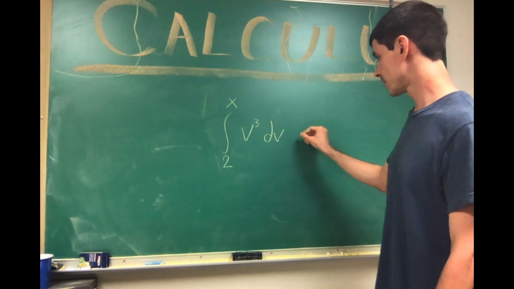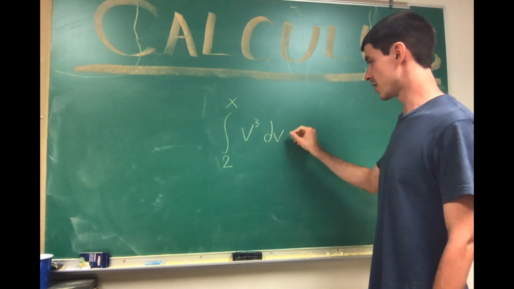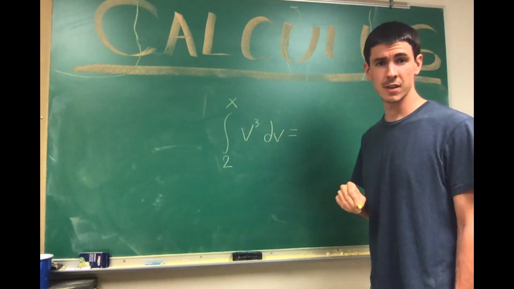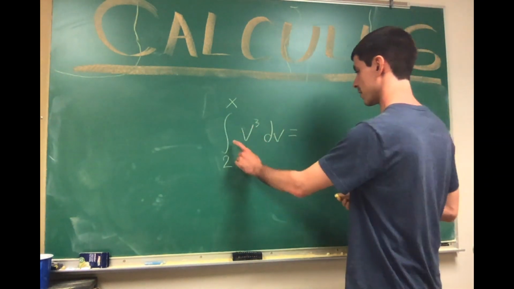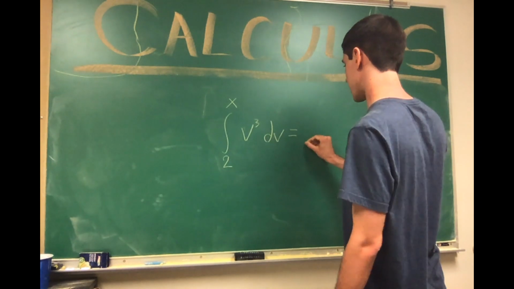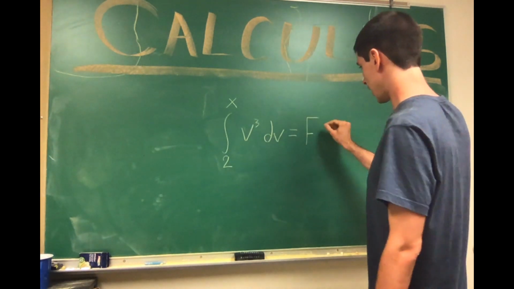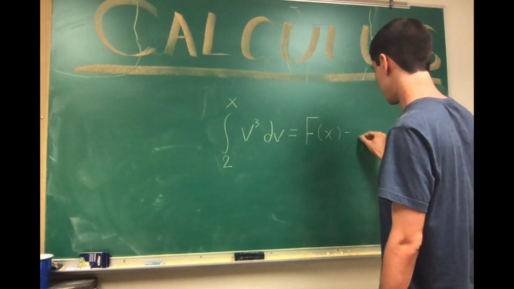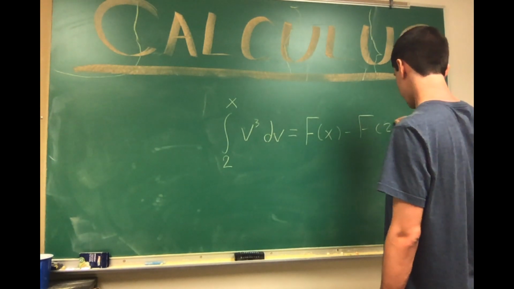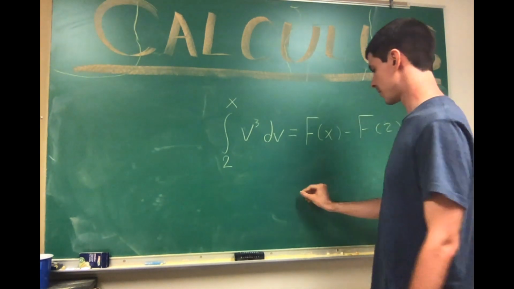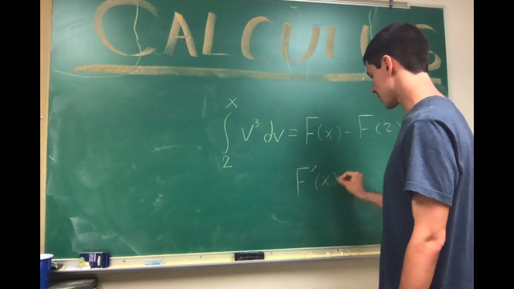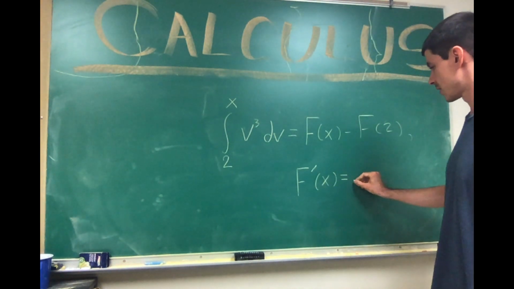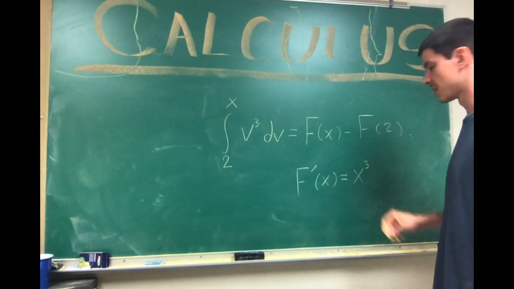We need something which has derivative x cubed, because we're going to express it in terms of x. This is going to be F of x minus F of 2, where F is some function such that F prime of x equals x cubed.